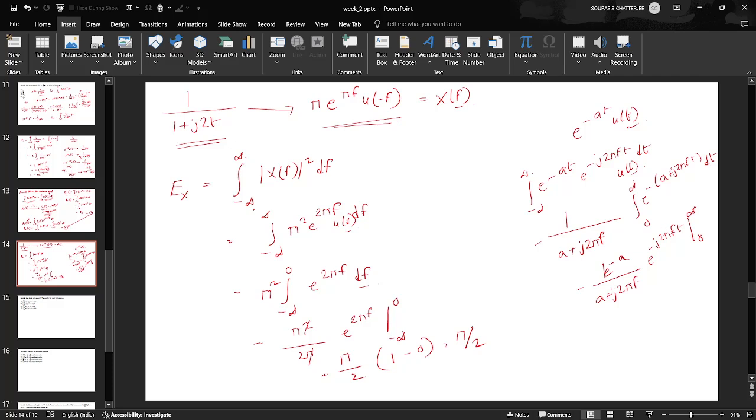It will have 0 minus 1, e to the power minus a by j 2 pi f.